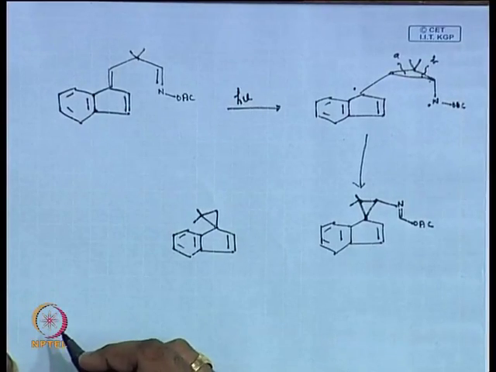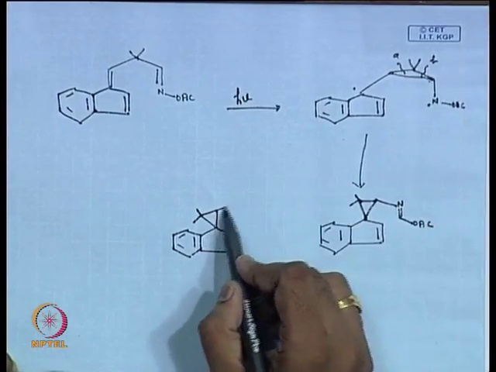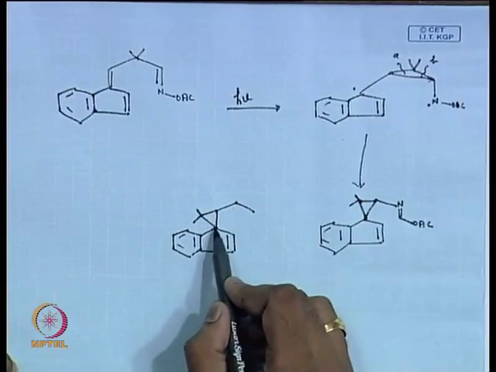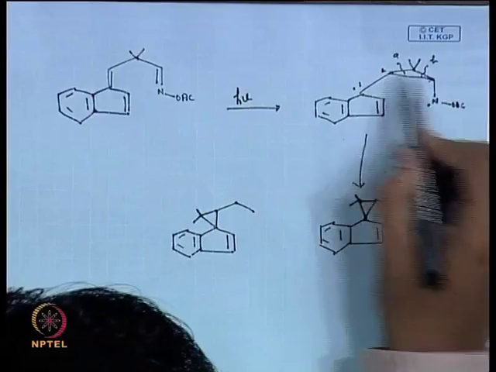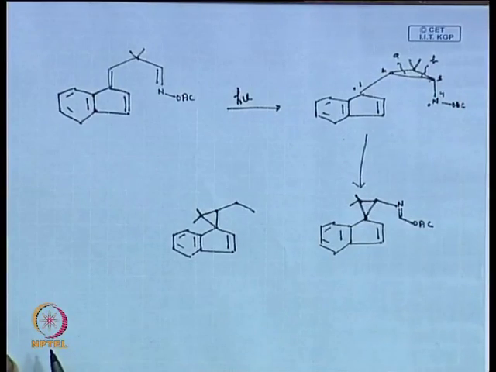You get this product, then this bond, then 1, 2, 3, 4, right?